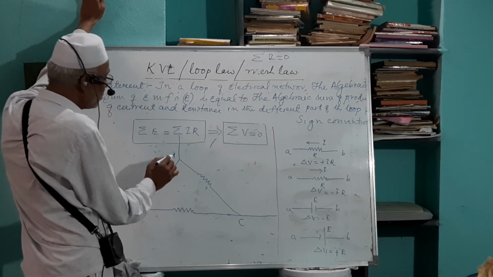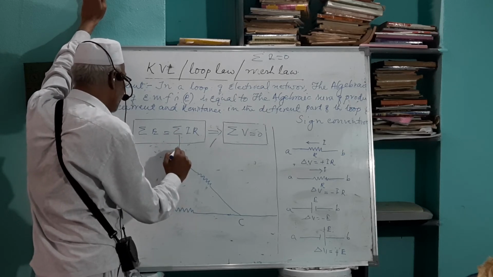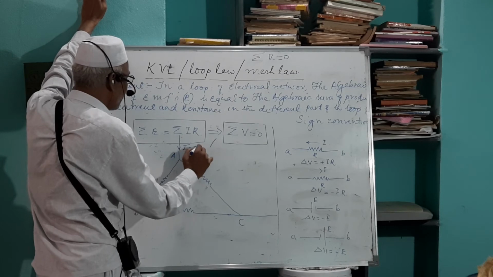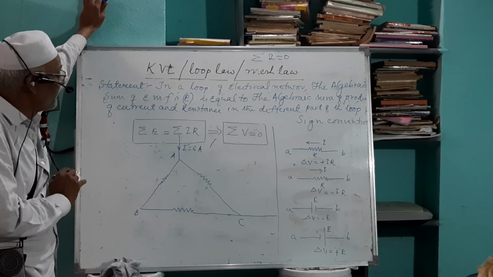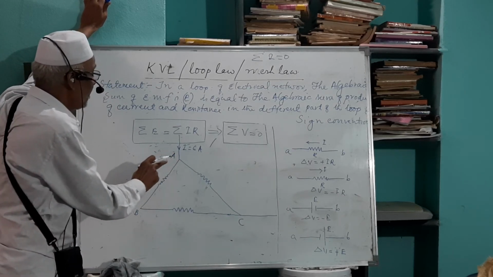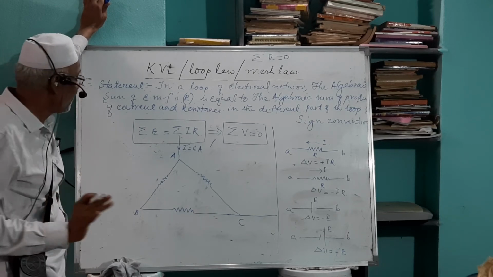Current will be entering the circuit at junction A. Say I is equal to 6 ampere of current is entering at junction A. On entering at junction A, that current will be divided into two parts.